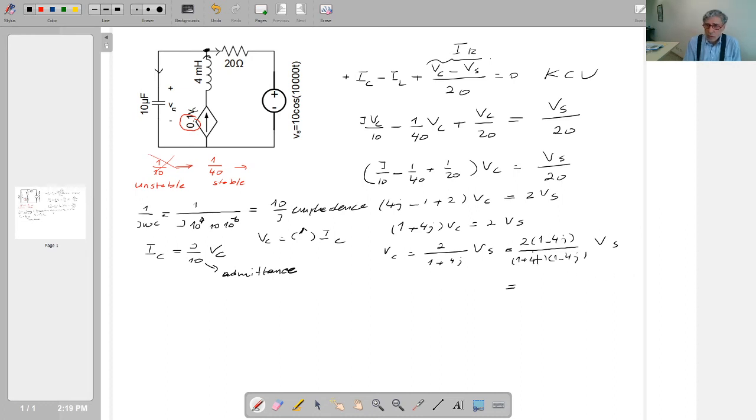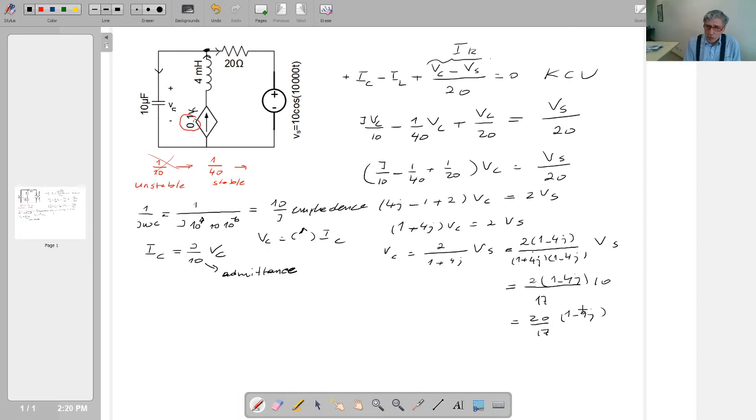That is 4j. So the complex conjugate product is going to be the real part squared plus the imaginary part squared, so it's going to be 17. In here I've got 20, 1 minus 4j. So VS was 10, so it's going to be 20 over 17 and (1 minus 4j).